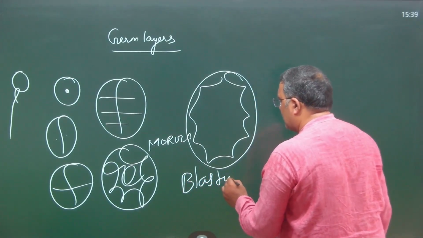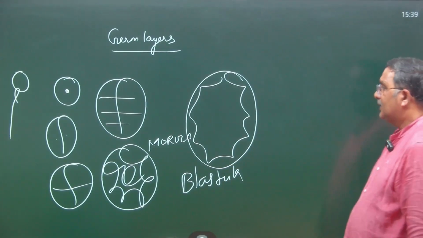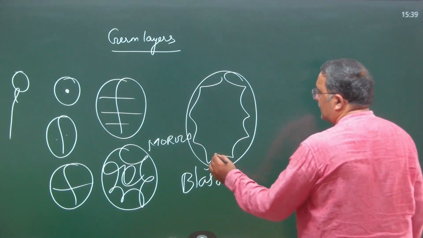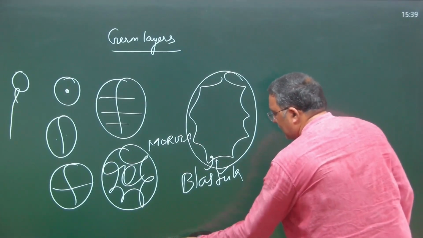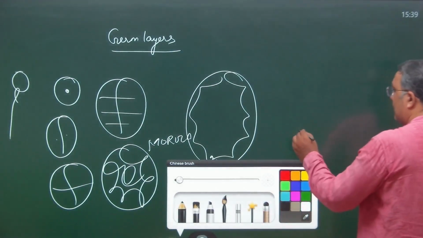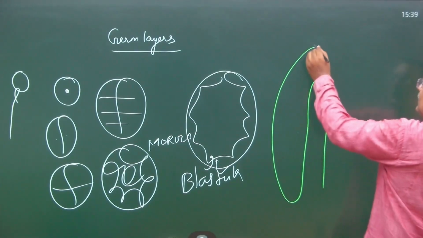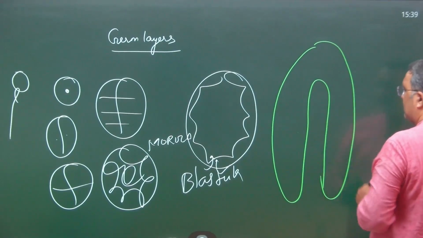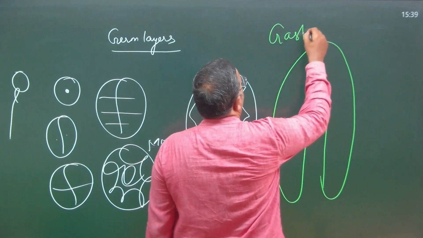The cells of the blastula stage invaginate inside and form a stage called gastrula. So this is the stage we actually need, the stage called gastrula.